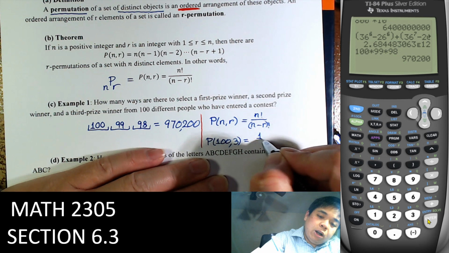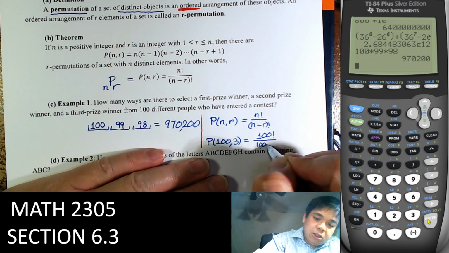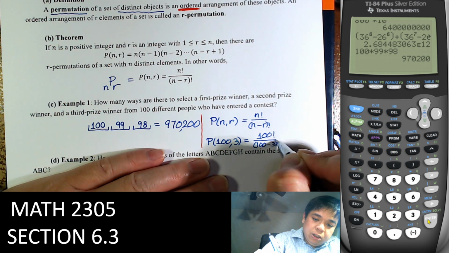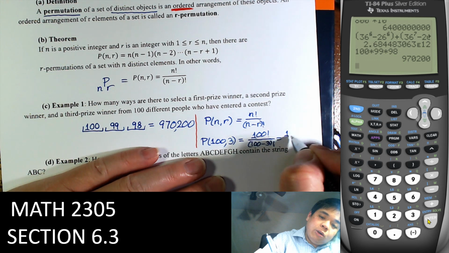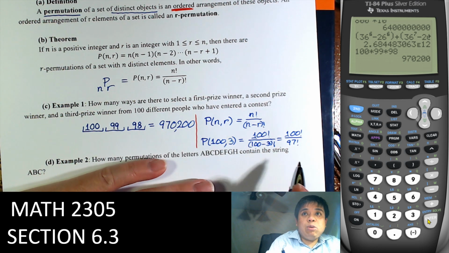That will be 100 minus 3, so that is 100 factorial over 97 factorial, and we talked about that earlier.